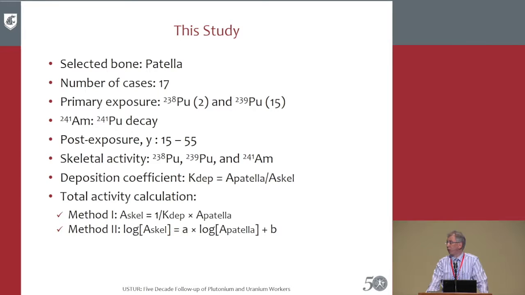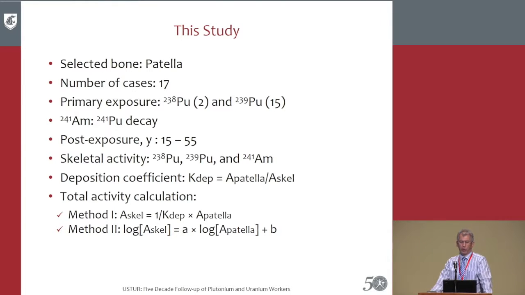In this study, I used 17 USTUR cases. We have more than that now, but these were primarily exposed to plutonium: 2 cases were from plutonium-238 exposure, and 15 cases were exposed to plutonium-239. All americium we measured in our samples was a decay product of plutonium-241. There was no exposure to americium-241, so that's kind of a difference.